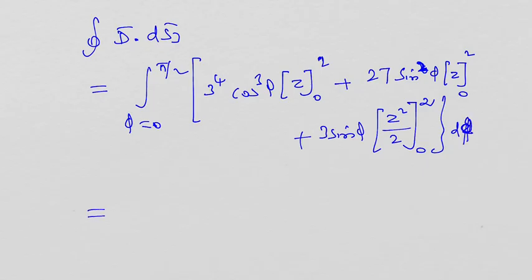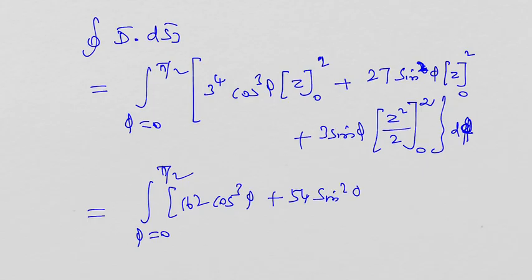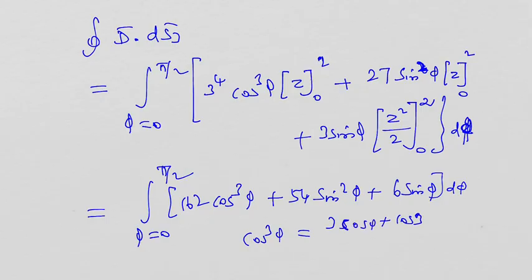Now you can notice that the integral becomes 0 to pi by 2, 162 cos cube phi plus 54 sine squared phi plus 6 sine phi multiplied by d phi. So I should know the trigonometric identities. Cos cube phi will be replaced by 3 cos phi plus cos 3 phi divided by 4, and sine squared phi will be equal to 1 minus cos 2 phi divided by 2.